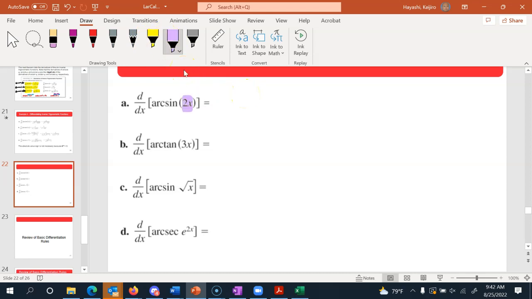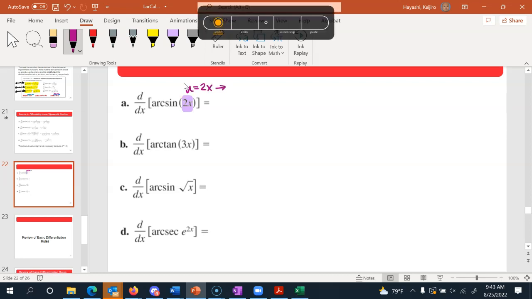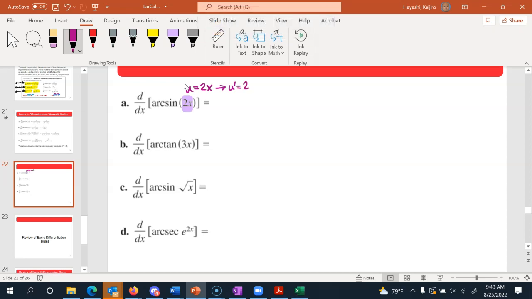As long as you can identify what your u is, what your inside function is, then it should be no trouble at all, once you actually memorize the formulas for these derivatives. So u is 2x, which means that u prime is 2.